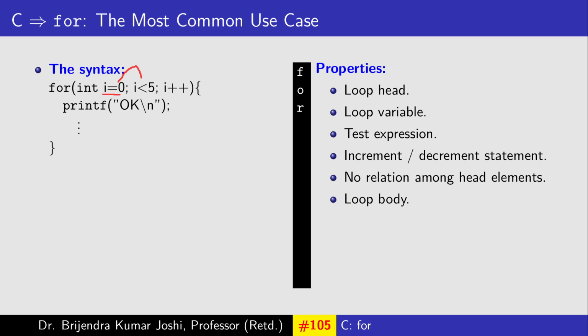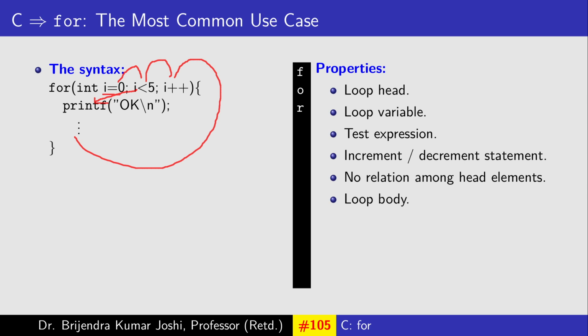So it executes this statement. It will print OK once, along with any other statements if you have written any here. After finishing that, it will come to i plus plus, and the value of i becomes 1. Then again it tests. It is still less than 5, so it will again enter the loop, and so on.